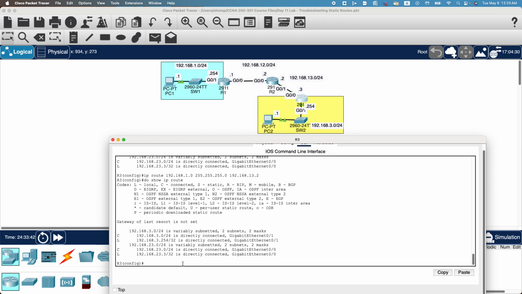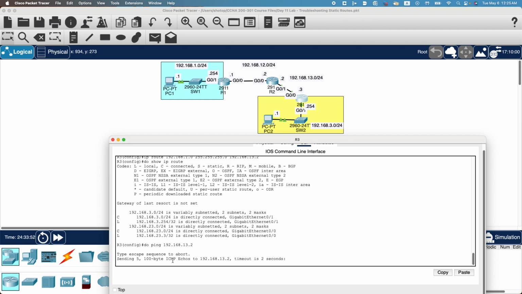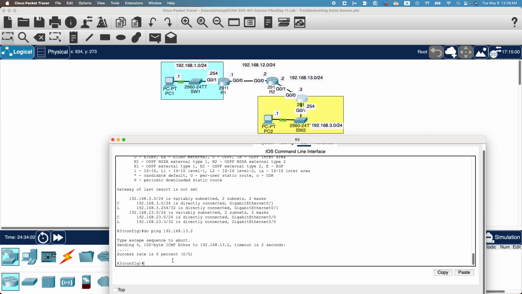Can 3 ping 2? Do ping 192.168.13.2. Okay. So it still can't ping. Let's try to add the route again, except this time we'll say just go out your 0/0 port.